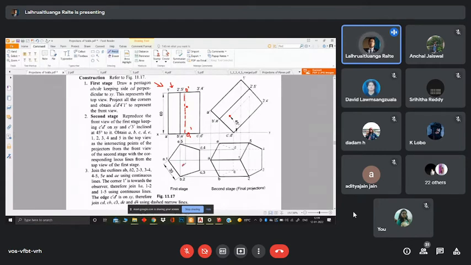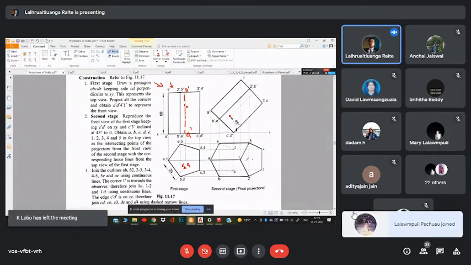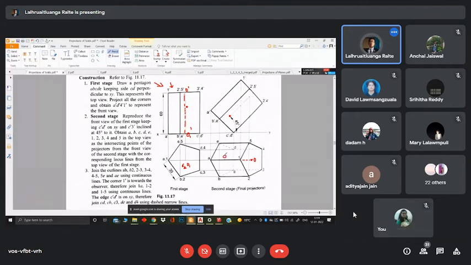On the top view, we will have 0 and 0 1, 0 comma 0 1. We can have that because the axis is our reference point here. So our axis will be situated here. As this is the top part, this will be 0. As this is the base part, this will be 0 1.